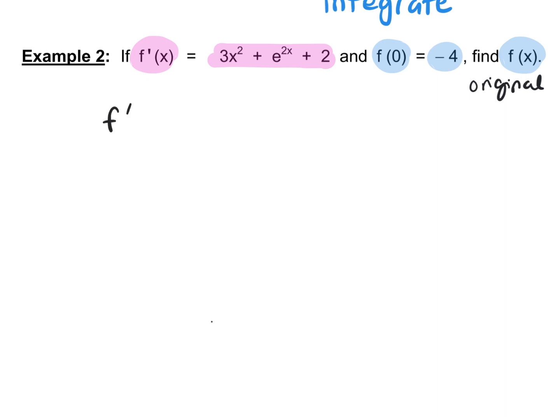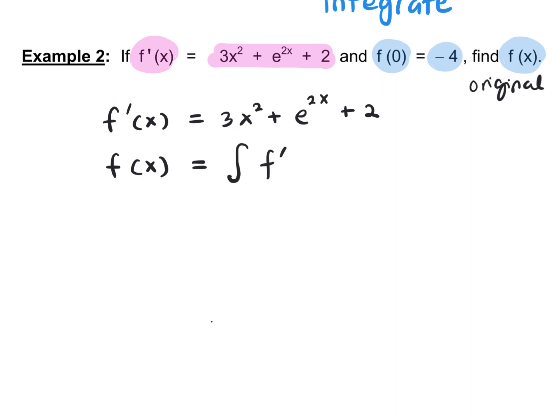We know, given that f prime x equals 3x squared plus e to the power of 2x plus 2. Just now, we know that in order to get f(x), we can get it if we integrate the derivative. So the integral of f prime x dx will give you the value of f(x). That's the idea.